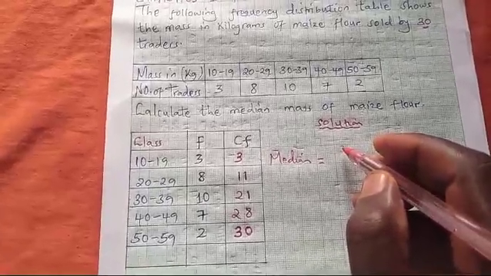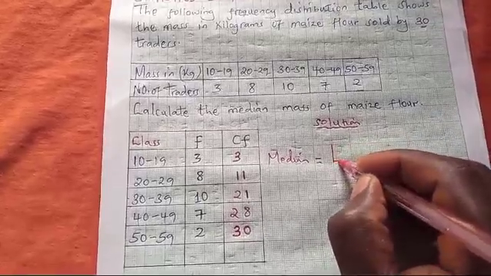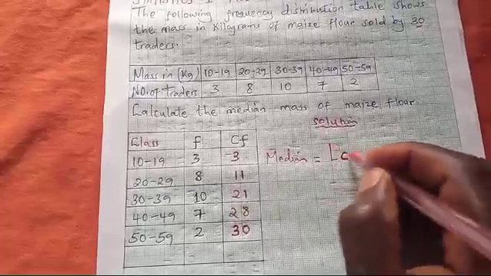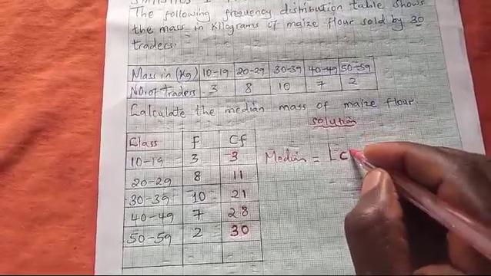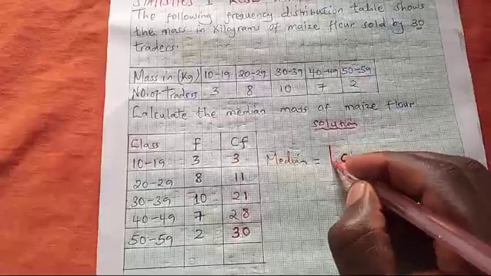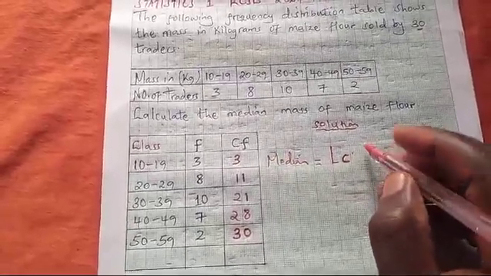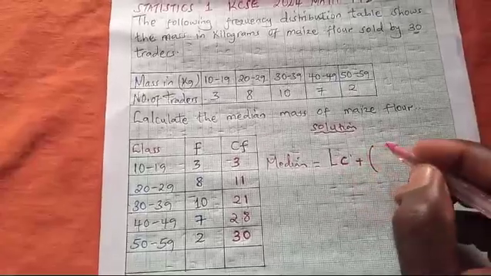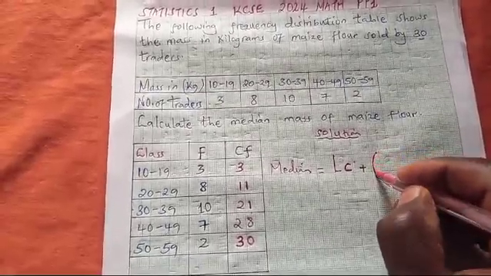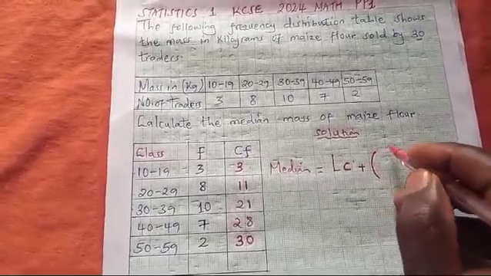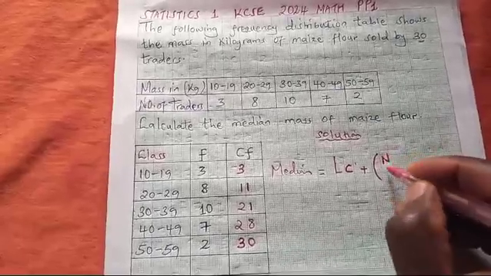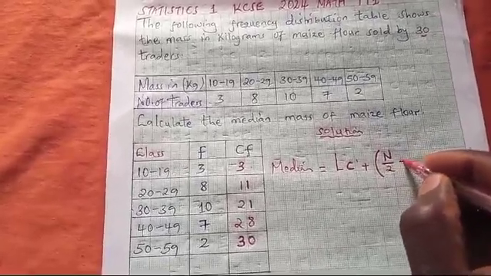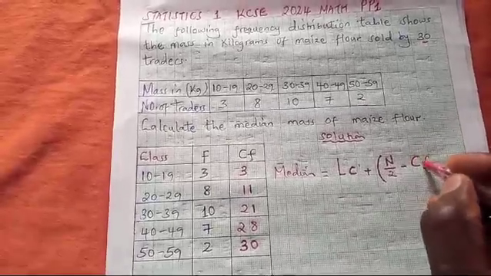The median is given by the lower class boundary, or limit, plus, we open the bracket, N, the total frequency, divided by 2, then you subtract the cumulative frequency above.